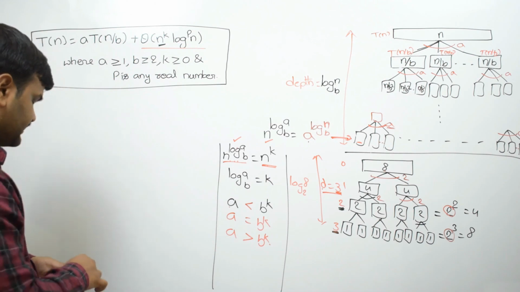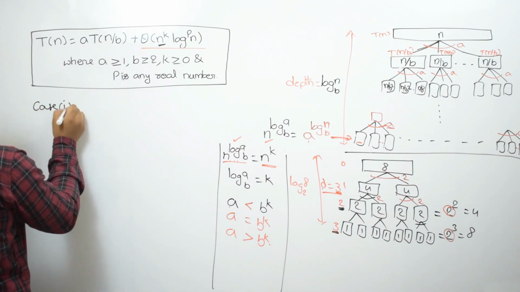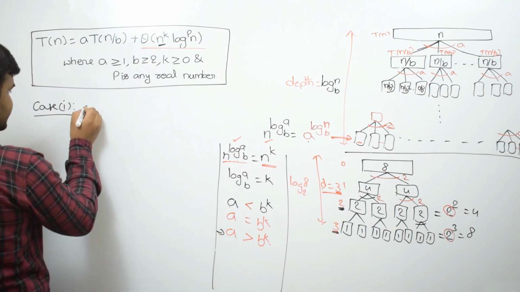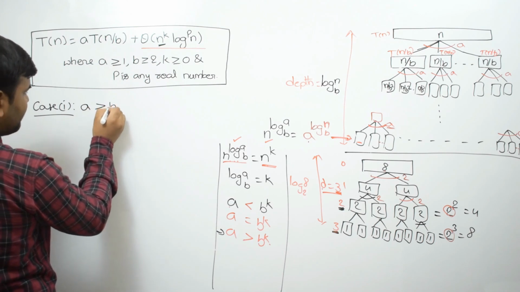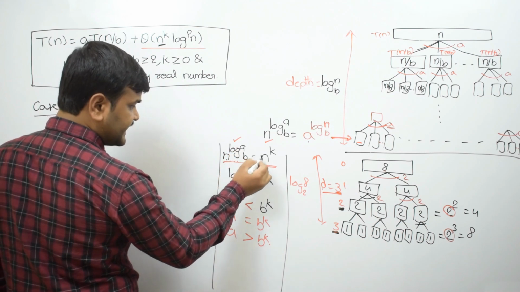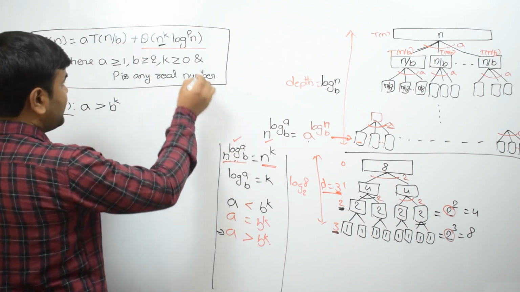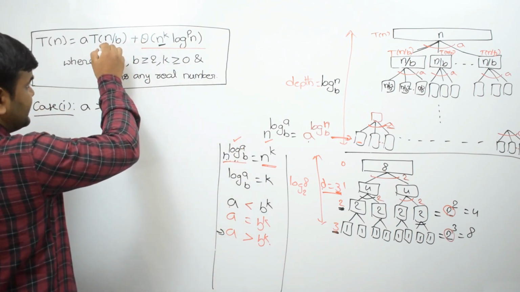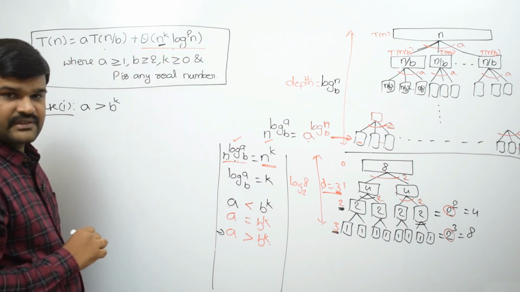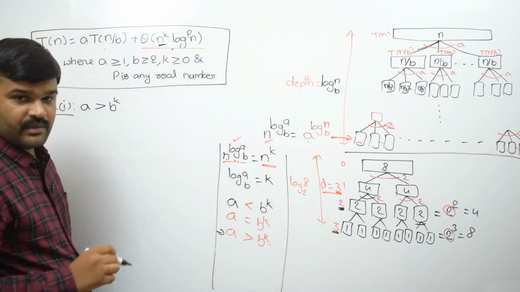Okay, so first one is case 1. So what is the first case? That means A is greater than B power K. That means n power log A base B is greater than n power K. That means the time complexity of subproblems is larger than this part, the non-recursive code, the time complexity of combining or dividing the problem.